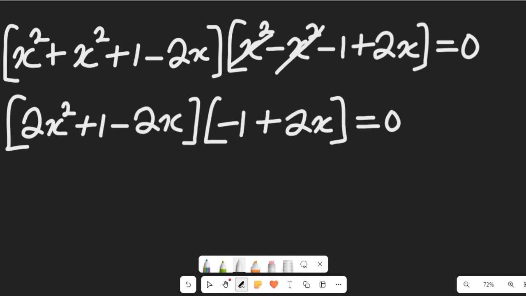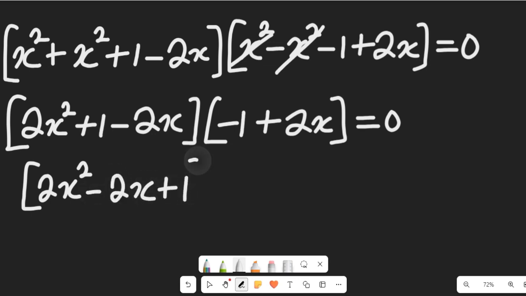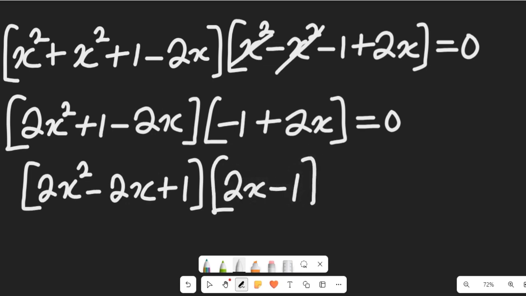I'm going to simplify this to become 2x squared minus 2x plus 1, and this will be multiplying 2x minus 1, and this will be equal to 0.